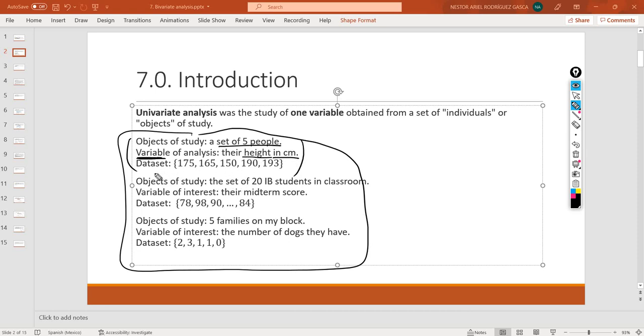Then I do the measuring, I do the observations, and after that I come up with my data set, mi conjunto de datos, which could look something like this. These are the five heights of these five people. That's basically what we did in univariate analysis. And then after this, we can calculate mean, mode, median, standard deviation, blah blah blah, the histograms, etc. Okay, that's what we did.